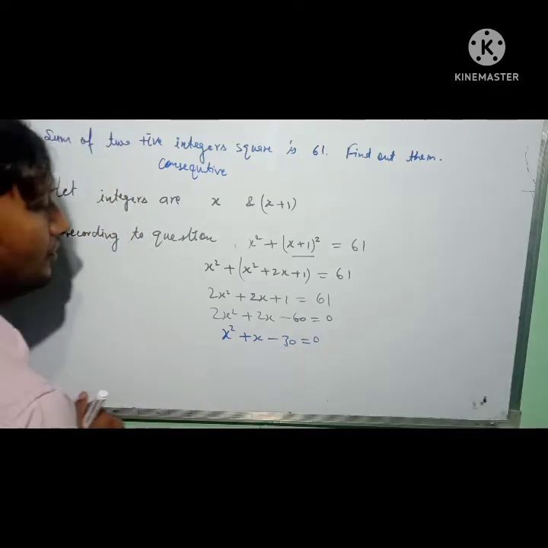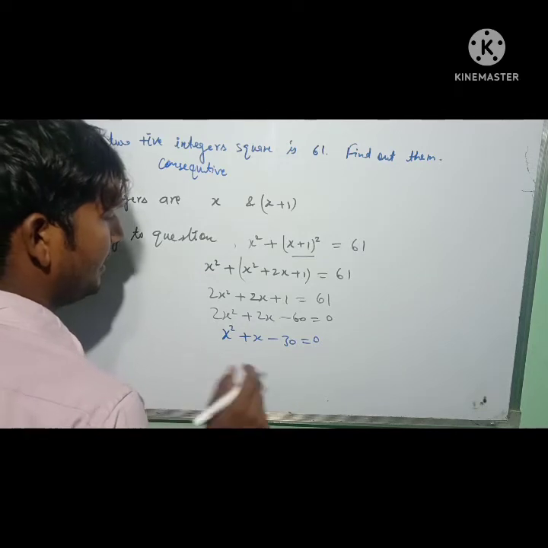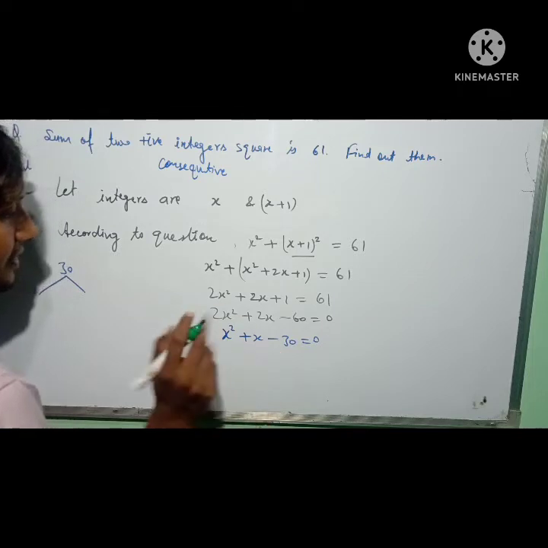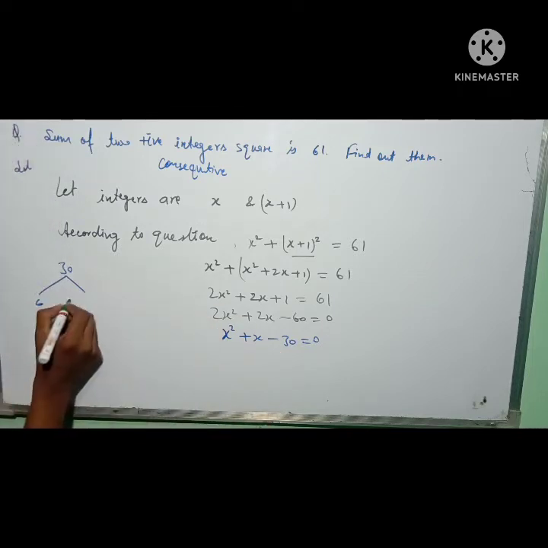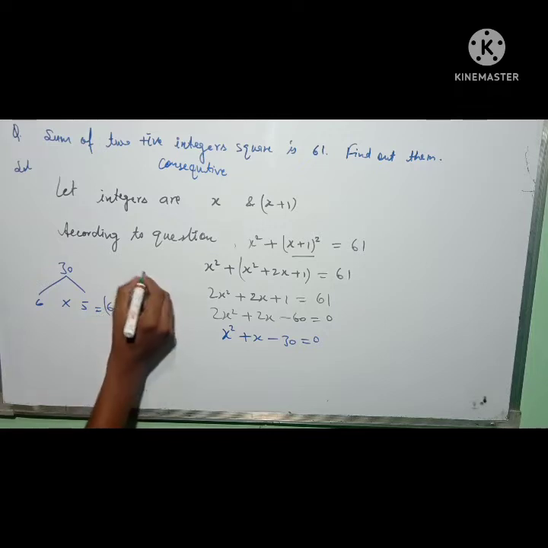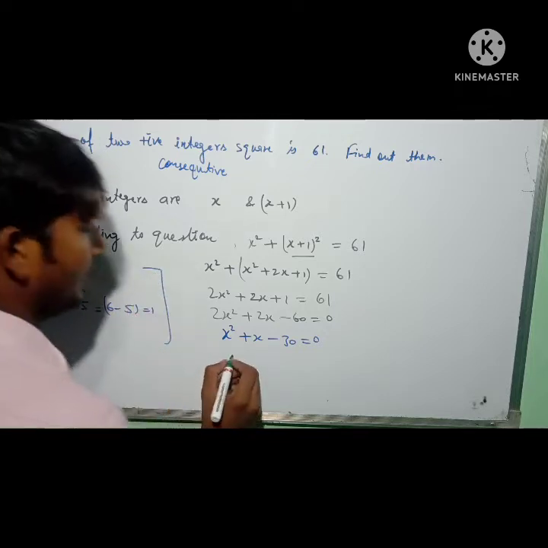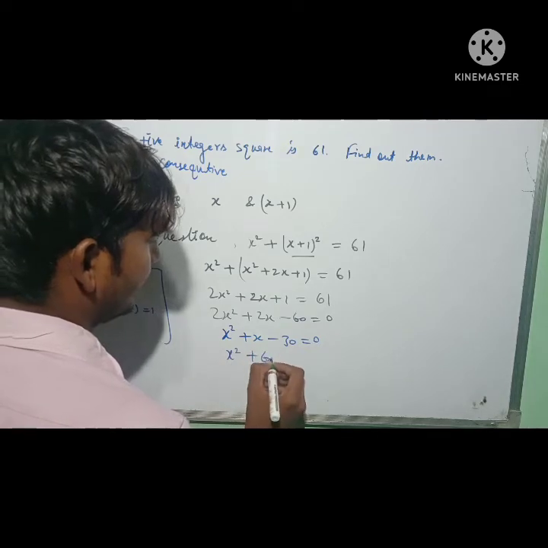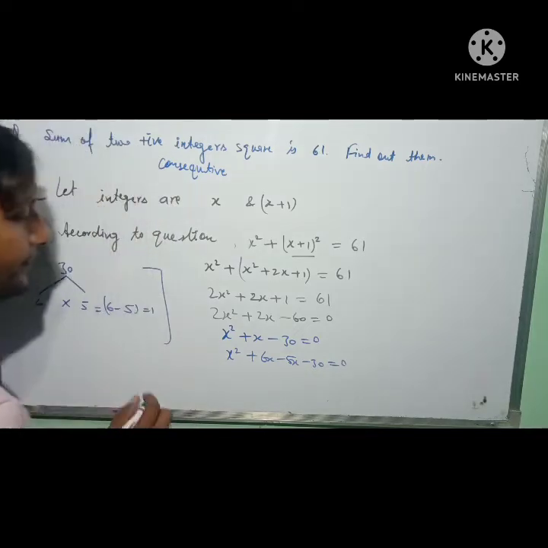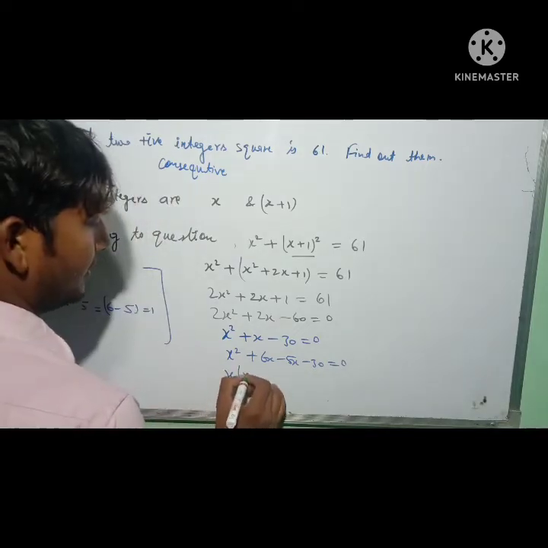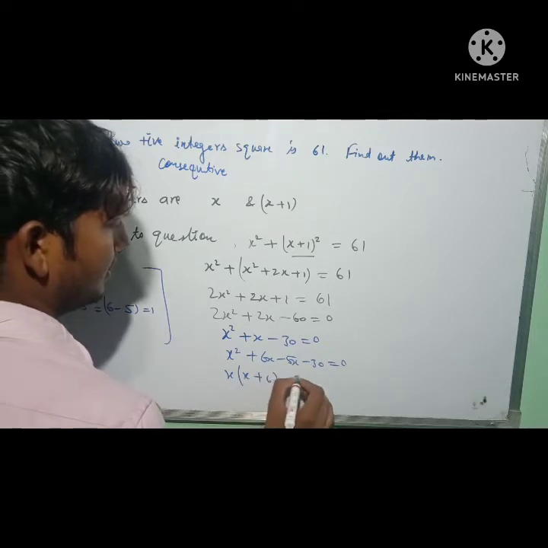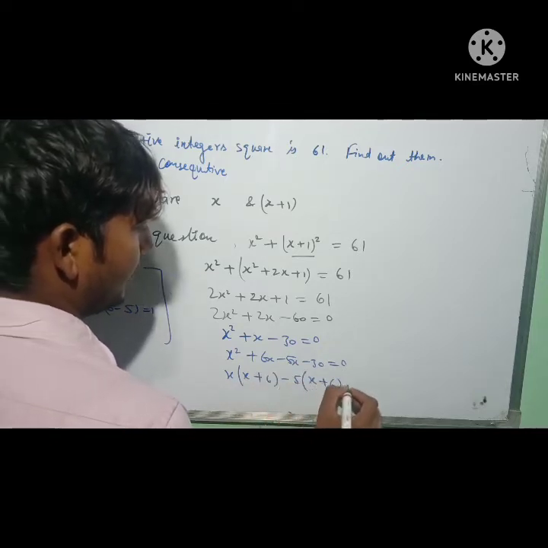Now we may solve it. So 30 is left. Such factors that form the subtraction equal to 1. 6 times 5 is 30, so 6 minus 5 is equal to 1. We may apply it here. So x squared plus 6x minus 5x minus 30 is equal to 0. x into x plus 6, minus 5 into x plus 6 is equal to 0.